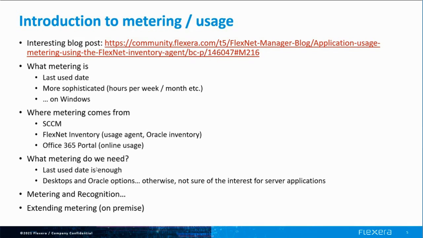This is quite important to understand how an application is recognized and if there are files in the recognition to make sure that metering will be correctly managed by the FlexNet agent. And finally, we will see examples on how optimization can be performed and how to extend metering, which is more for on-prem customers, but that's a very, very interesting topic.